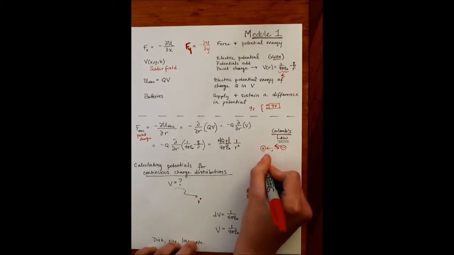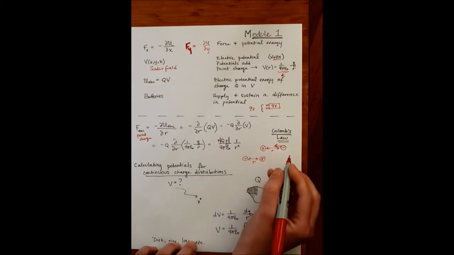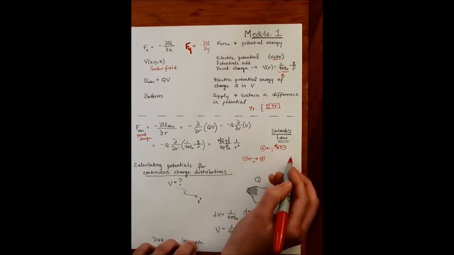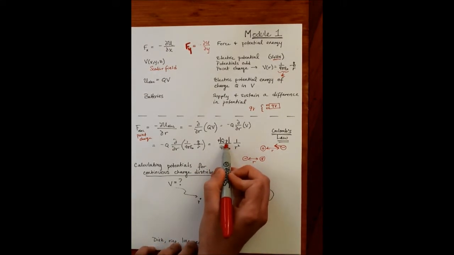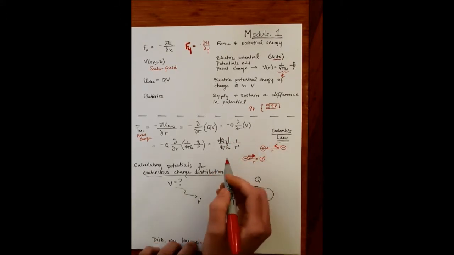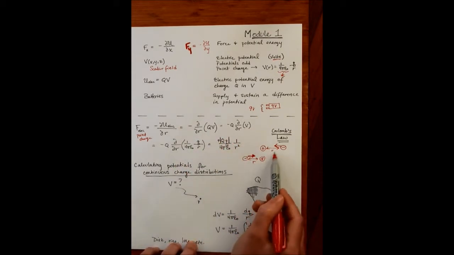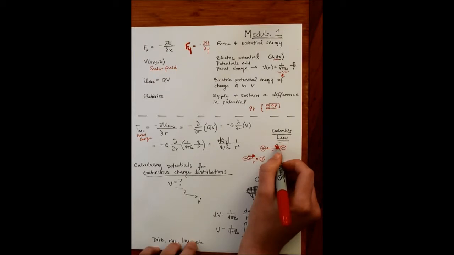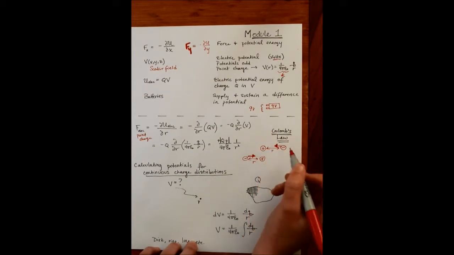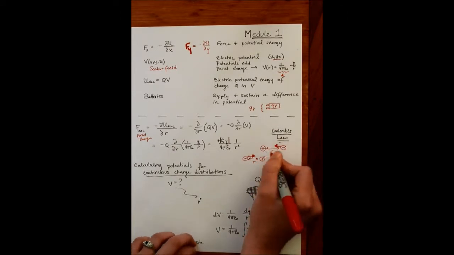If I put the negative charge to the left, a distance r away from the positive charge, the force will have exactly the same magnitude. I'll still have a plus q and a minus q on top, but the force will be to the right instead of to the left. So this would give you exactly the same thing for each of these, but the force is in the opposite direction. So you should always figure out which way the force is pointing by looking at the charges.